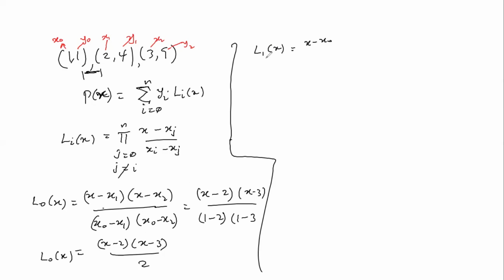So when L sub 1 of x, then this will now be x minus x naught, because when i is 1, j cannot be 1, right? So then this will now be x minus x2 over x1 minus x naught over x1 minus x2.